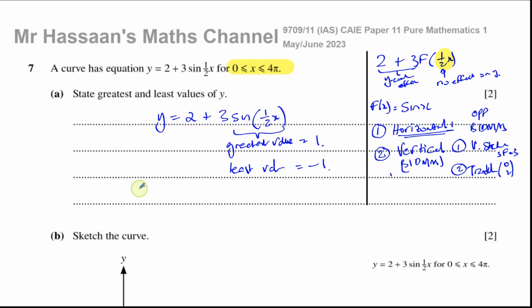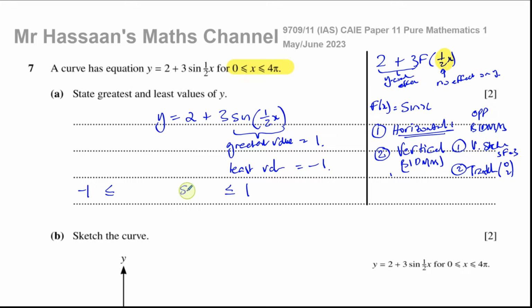So if we think about just the sine of a half x alone, its least value would be minus 1 and its greatest value would be 1. Of course, it's not affected by any changes outside the function.